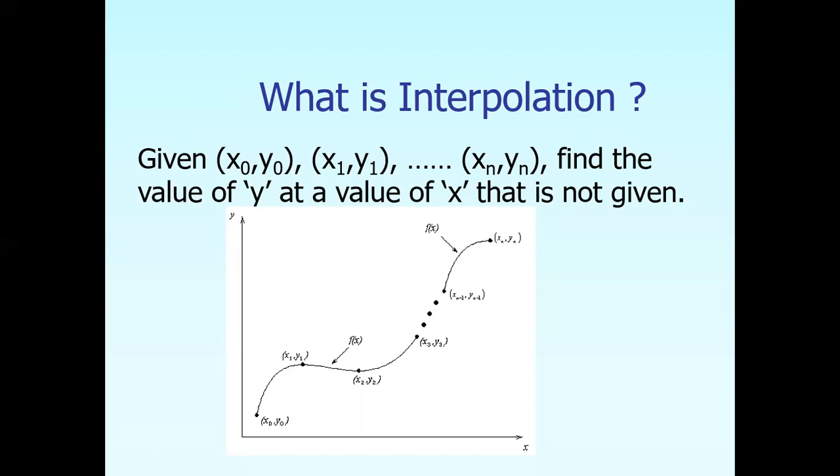This is called interpolation. If the value of x is in between x0 and xn, then it is called interpolation. And if the value of x is outside the range of x0 to xn, then it is called extrapolation.